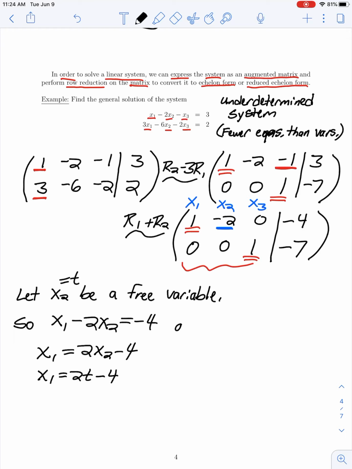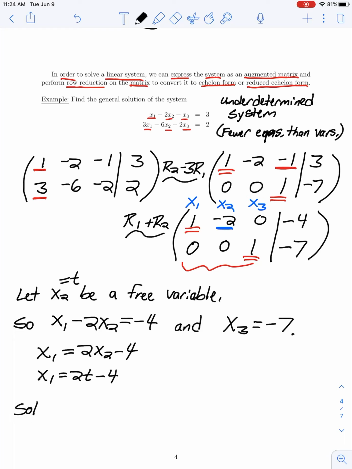And I still need x3. Now to get x3, we can look at our second row of our augmented matrix in reduced echelon form. And that second row says 1x3 is equal to -7. So I have -7 right away.